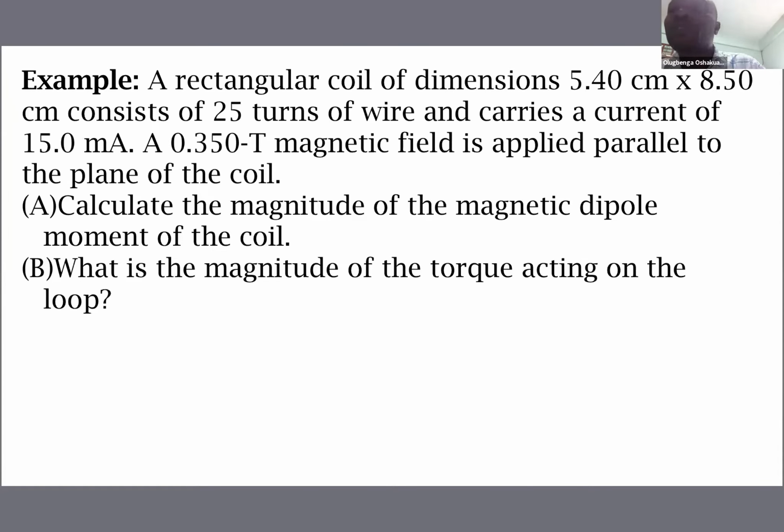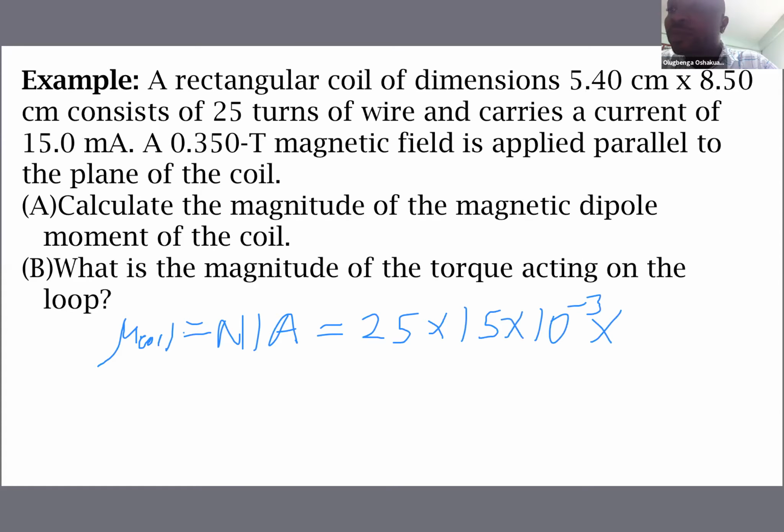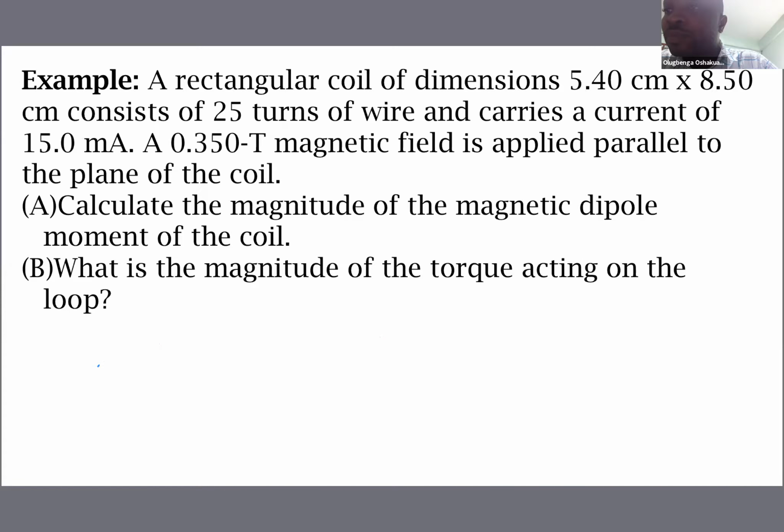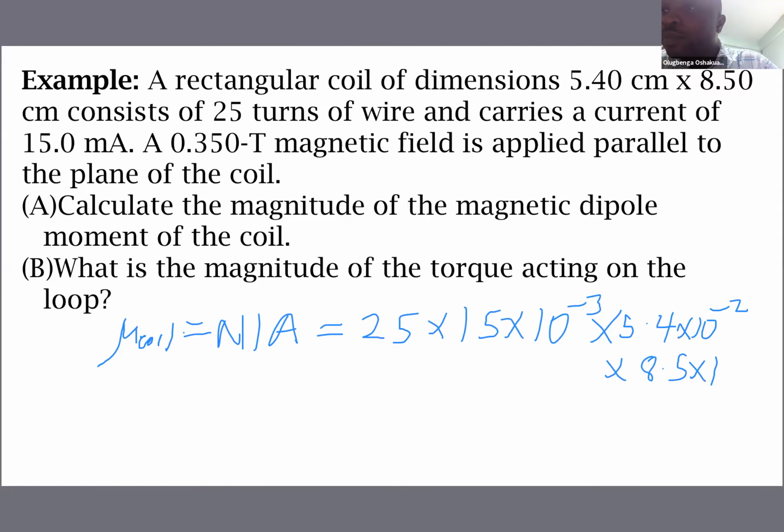The magnitude of the magnetic dipole, that is mu coil, is equal to NIA, that is the number of turns times current times area. So this should give us the mu coil, and this should answer question A.